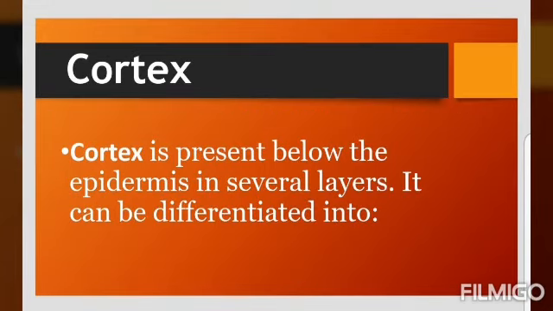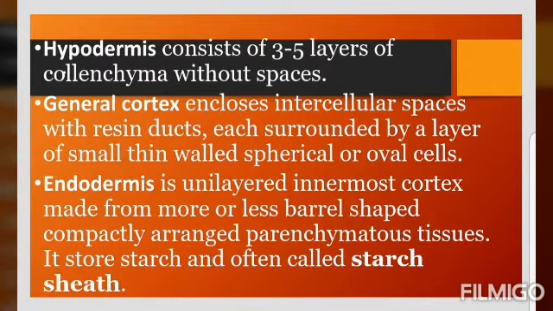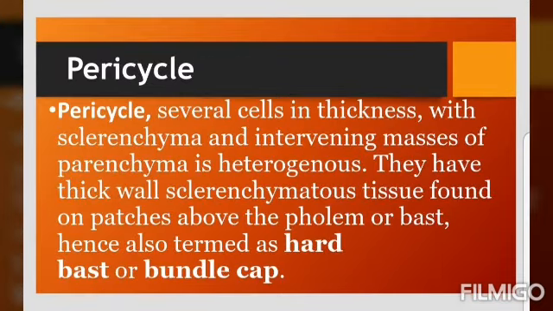It consists of 3 subzones: the outer hypodermis, the mid-cortical layer, and the inner endodermis. The cells of the endodermis are rich in starch grains, and the layer is also referred to as starch sheath.